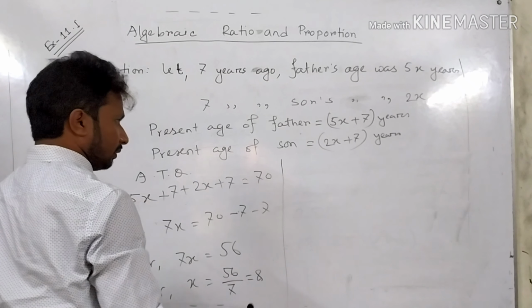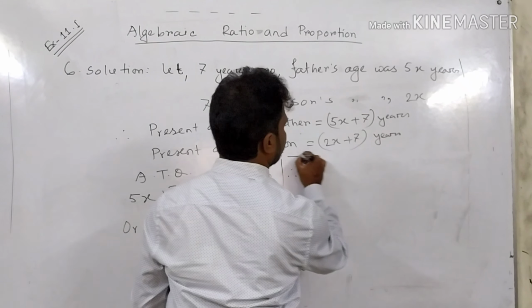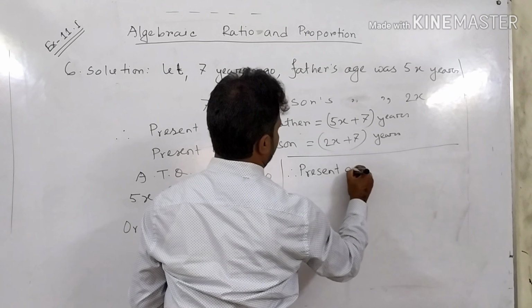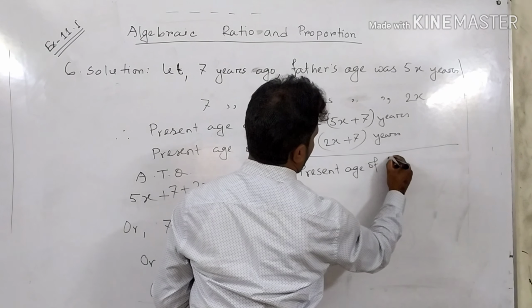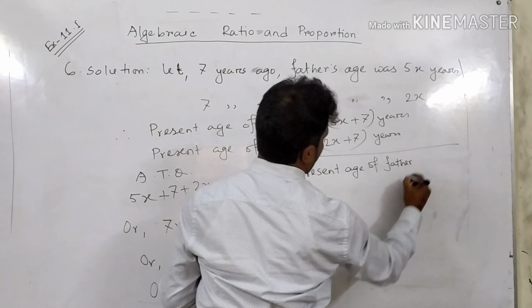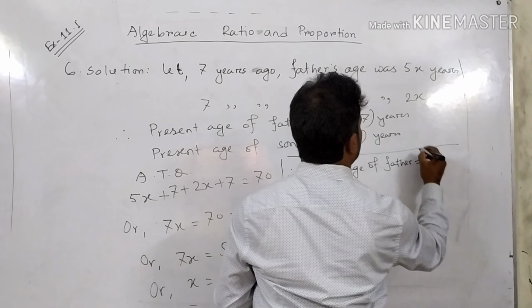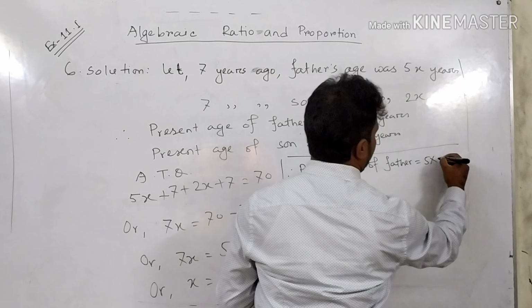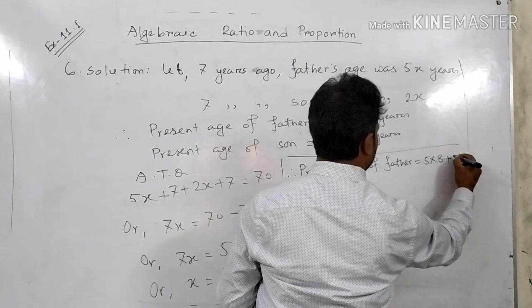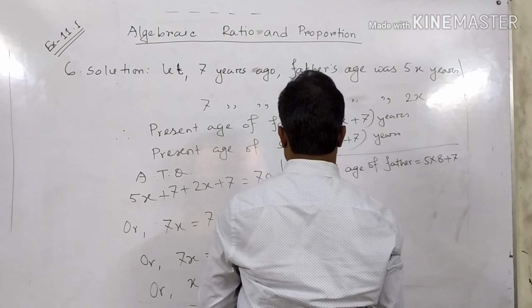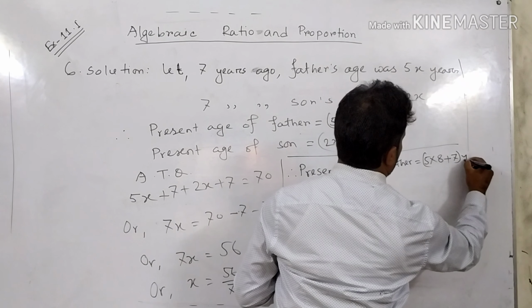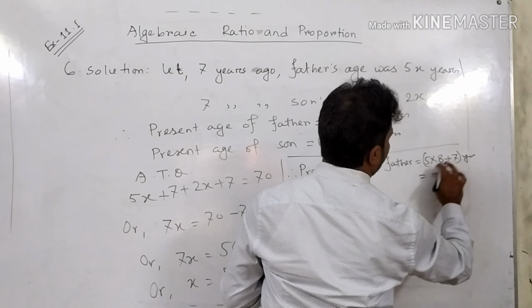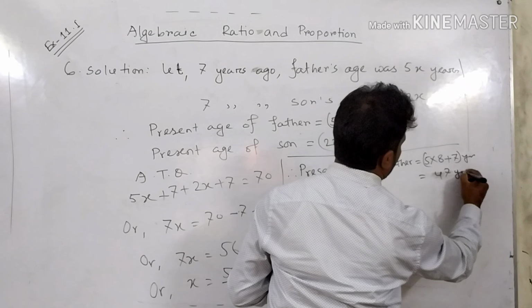Therefore, present age of father equals 5x plus 7, that means 5 multiplied by 8 plus 7 years, equals 40 plus 7, 47 years.